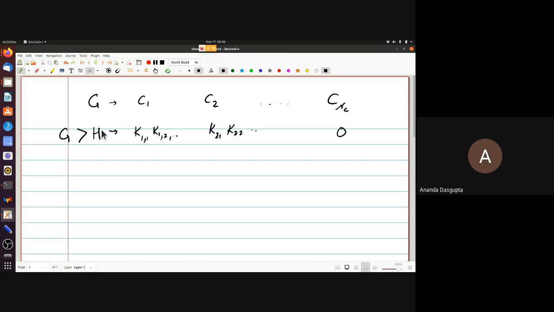And the point of the method that we talked about essentially was this: if you know the characters of the irreducible representations for H, that is, you know the character values for each of these classes, K11, K12, and so on, and you know how the classes of G break up into H. That part, of course, has nothing to do with characters.